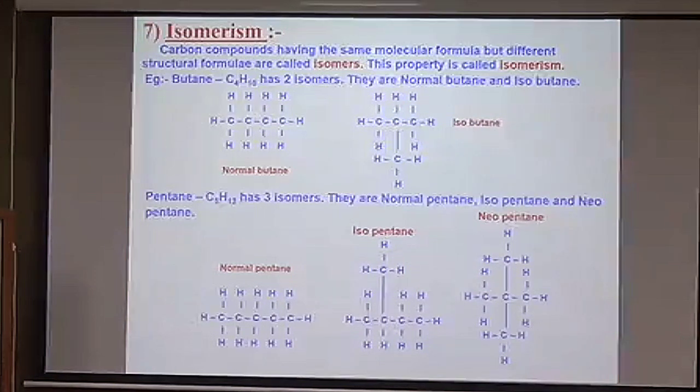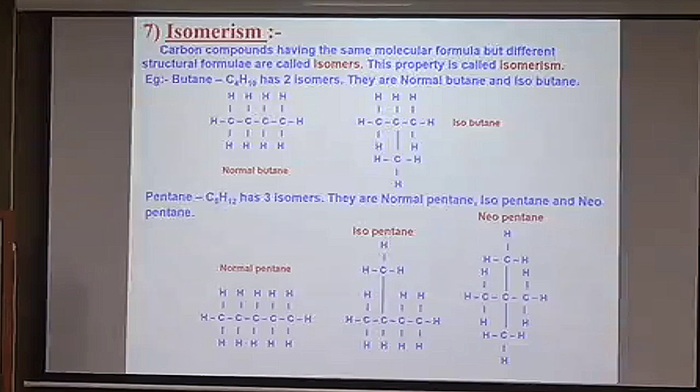So all the 4 carbon atoms may be in a straight chain. There is one more structure possible where one of the carbon atoms may be in the side chain. I may complete it CH3, CH2, CH2, CH3. Here you can count the number of hydrogen atoms, it comes 10.